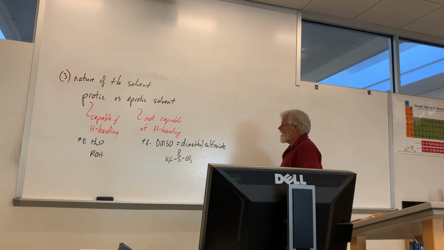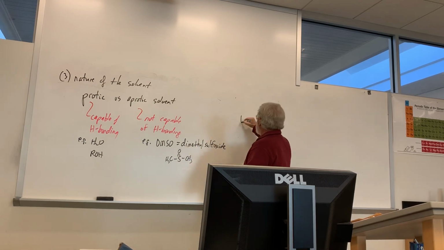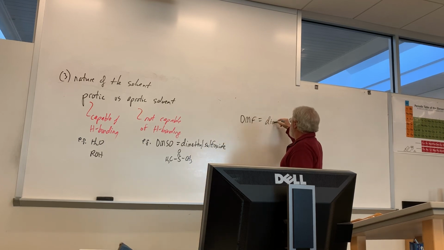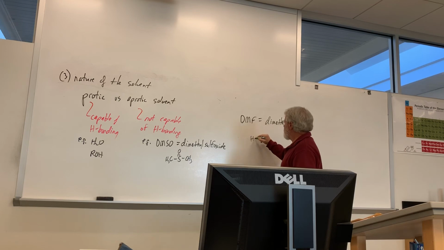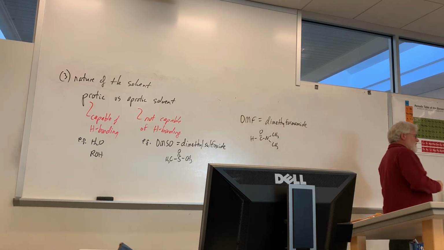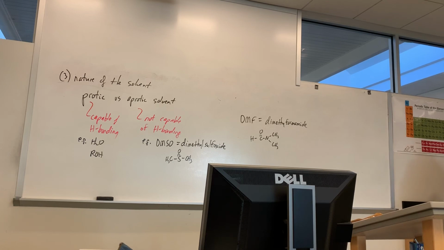Another example of an aprotic solvent, DMF, stands for dimethylformamide, which looks like this. We've got some highly electronegative atoms in there, so we can see this guy as being reasonably polar, but not capable of hydrogen bonding.